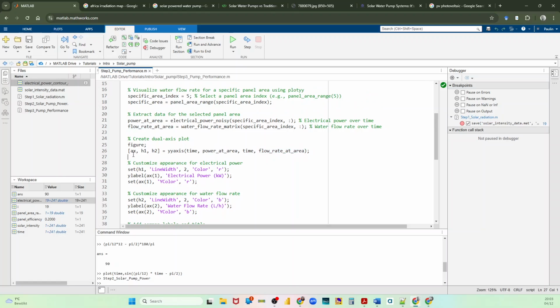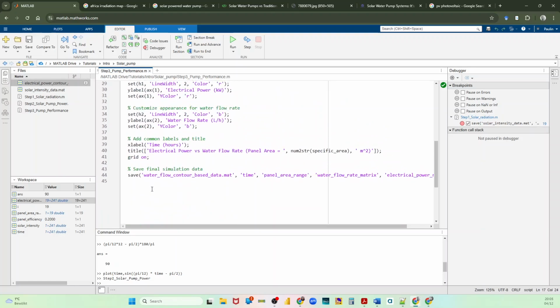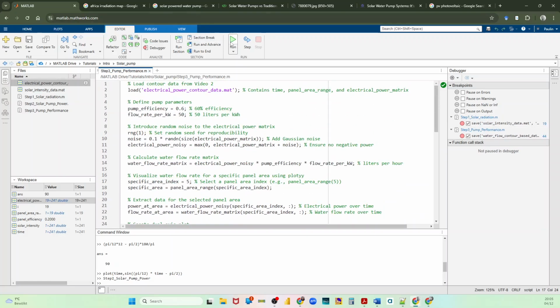A very interesting way of plotting two different kinds of data set that have the same x-axis, i.e. time in this case, but gives you some correlation without having to plot into contours and colors, and it still allows you to interrogate the numbers. And in this case, this saves a lot of things. So I'll put it here and then press run.